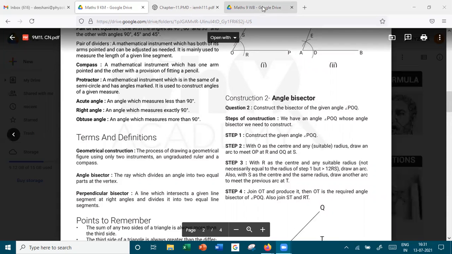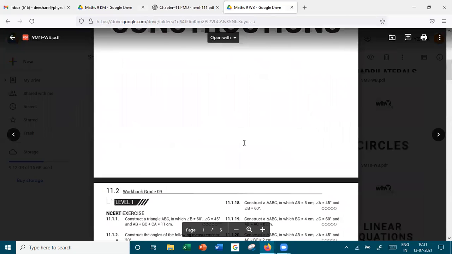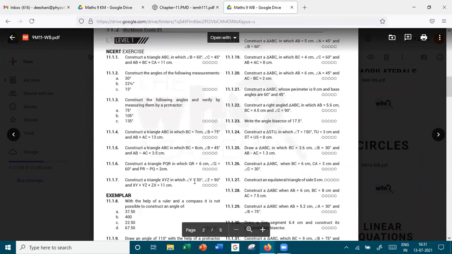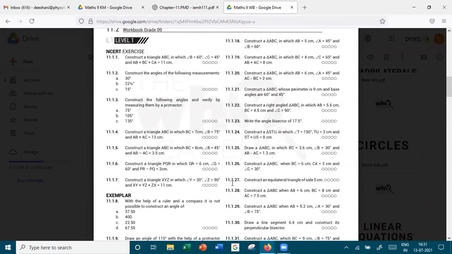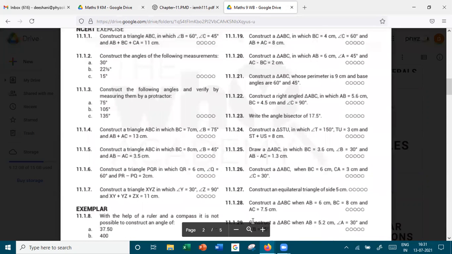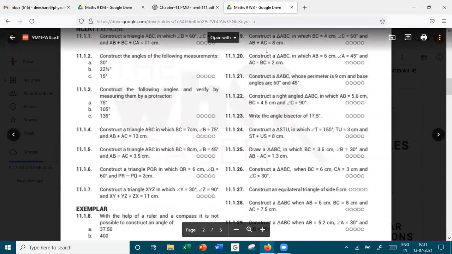What we'll do is there are one or two questions here which involve justification also. If you look at it in your workbook, it is there. We'll do those questions. So we are going to do four questions right now. I'll tell you which questions you want. You can either do them together or keep doing one by one and sending your images on the group.